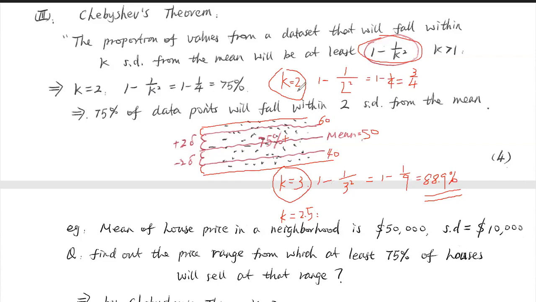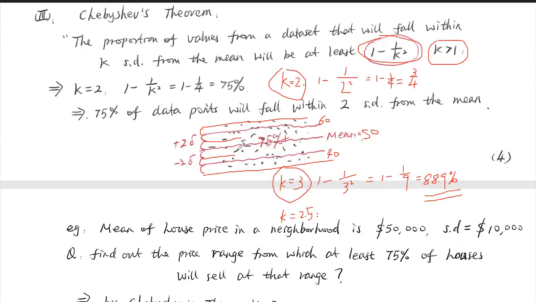Now, someone would say, how about k equal to 1, right? Even though we have a requirement here that k should be bigger than 1. But if you try k equal to 1, what's happening here is 1 minus 1. What's 1 minus 1? You get 0. Then you are saying if it's one standard deviation away, there will be at least 0% of data points in that range.